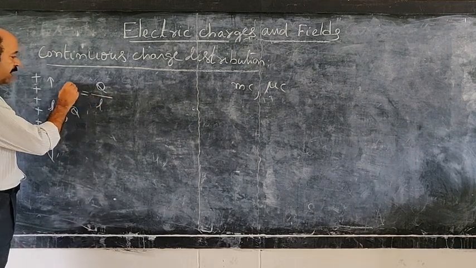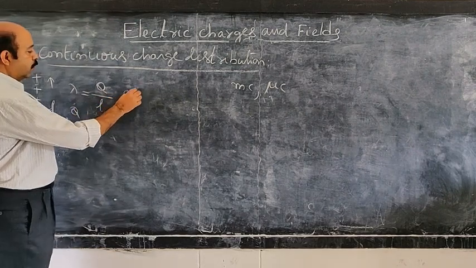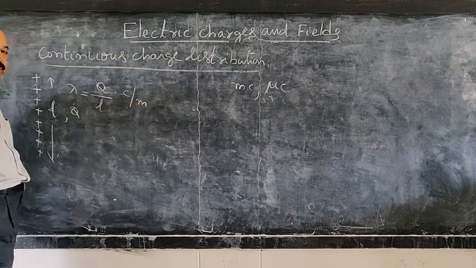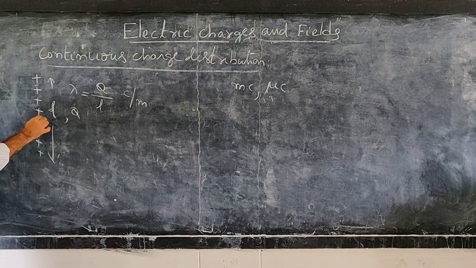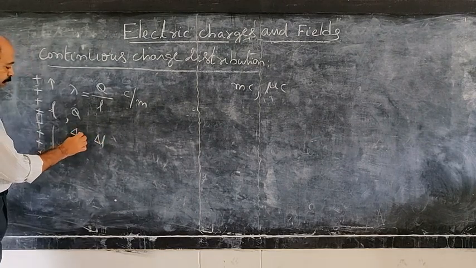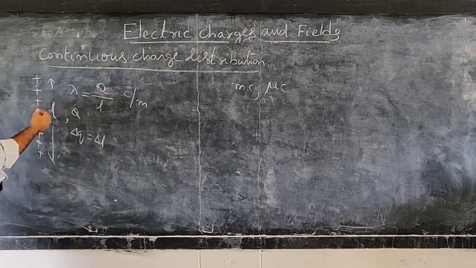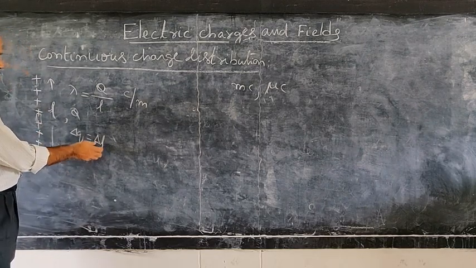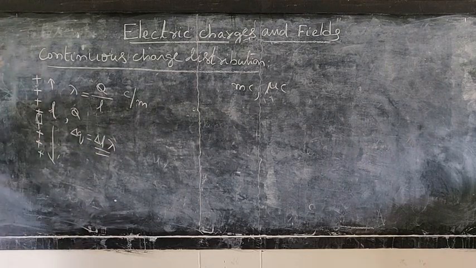This is defined as linear charge density. The unit is coulomb per meter. And if you consider any elemental part, a small length delta L, then the charge of this elemental length of the wire can be calculated as that elemental length multiplied with lambda. This is the charge of the element.